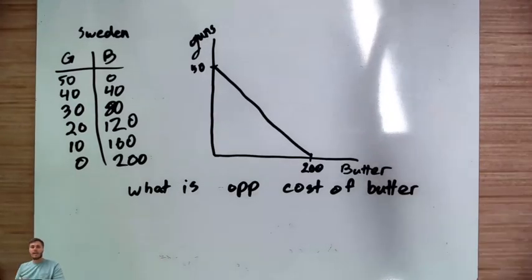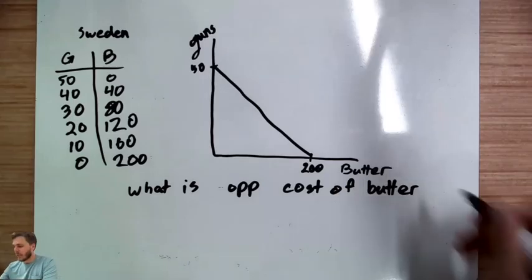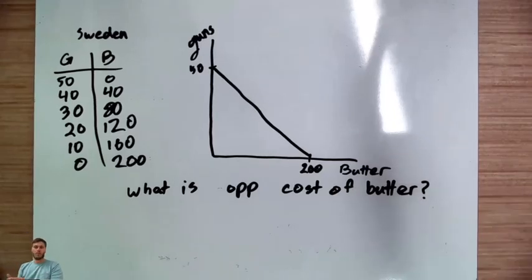And I could ask this in the sense of, if they go from making 50 to 200. Generally, when I'm being more vague with this, we're talking about per unit. So, what is the opportunity cost of making just 1 unit of butter?